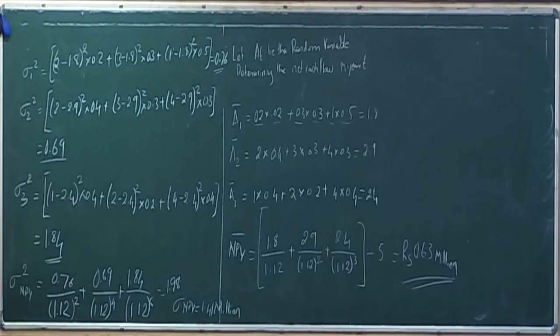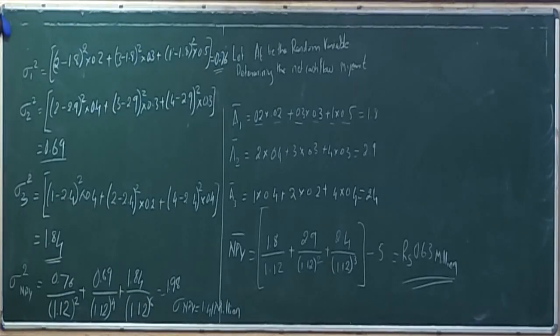The probabilities associated with this project are also given in the problem. Now we are supposed to calculate the expected net present value and the standard deviation of the net present value, assuming that the cost of capital is 12%.